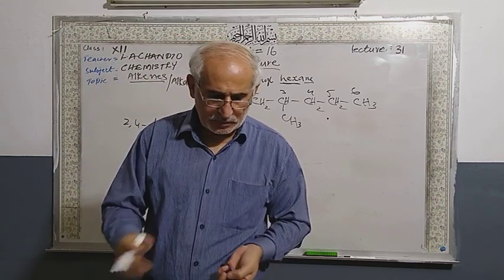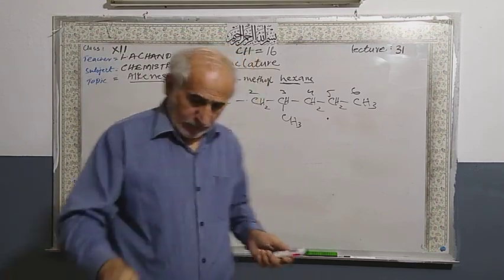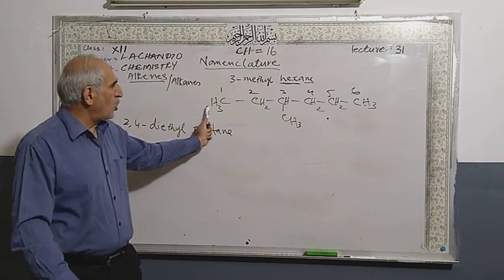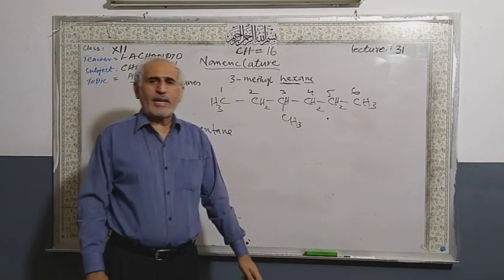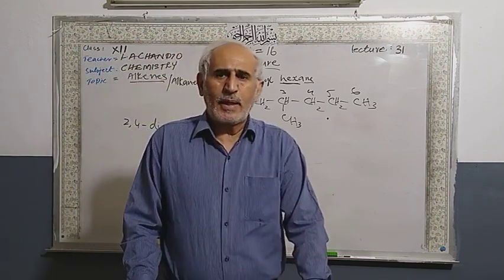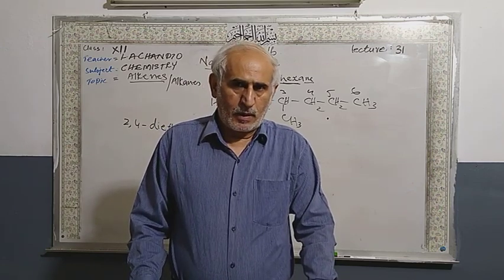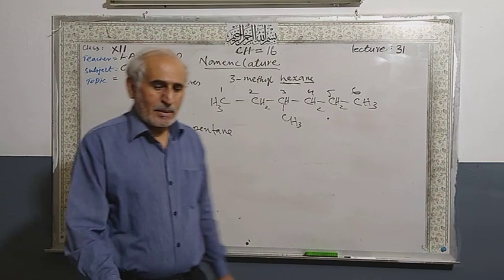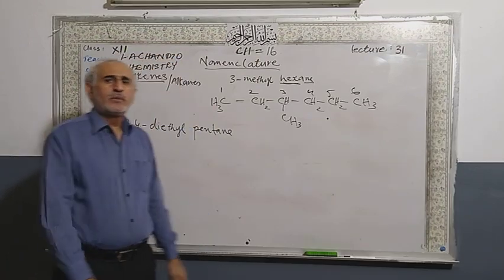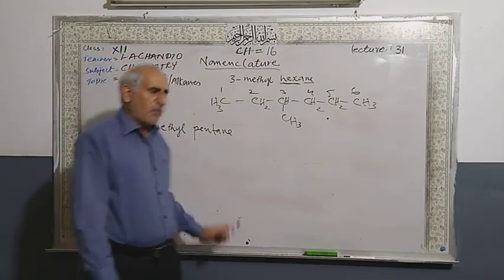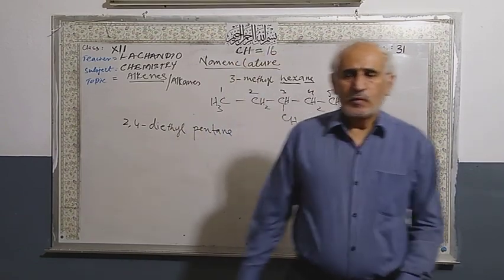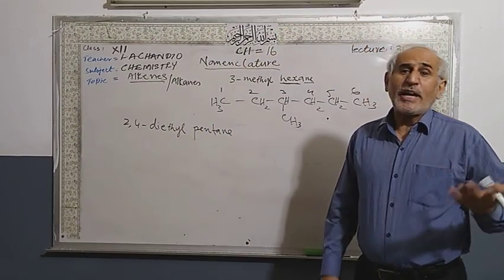Dear students, it is very important that if you know the rules of how to give the name of organic compounds, then you will not make a mistake. Sometimes in your book, the examiner will give you a wrong name.